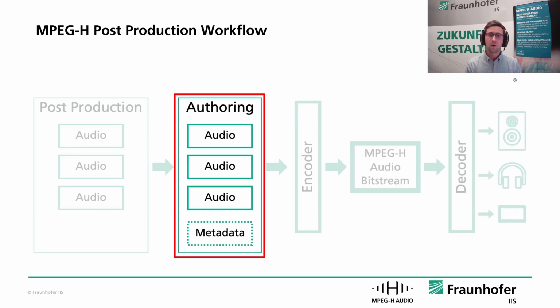In the authoring step, we define the metadata which describe what the user at home is actually able to do and control the encoder on the production side and transmission side, and also the decoder on the end consumer device, to always ensure that we as content producers allow and define what the end consumer hears and what they can manipulate in terms of audio interactivity. So we as content producers always have the full control of our signals defined in the authoring step. How this looks, I will also show you in a second.